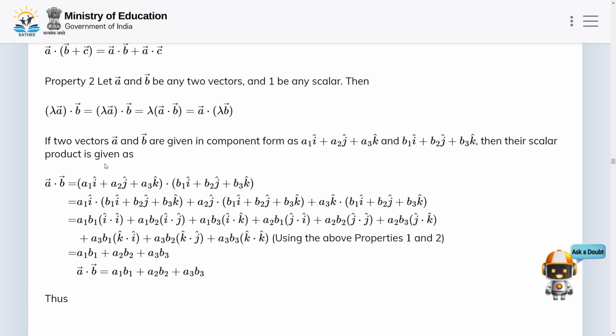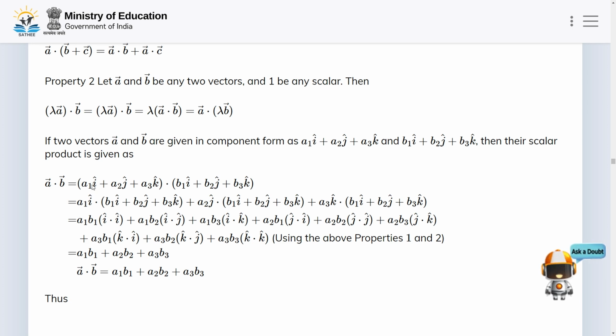Then their scalar product is given as, so in this specific way we are defining our scalar product when component form is given. So how? Let's see that. Using the distributive property, this must multiply with this, A2 must multiply with this term, and A3 k hat multiply with this term, as you can see here.